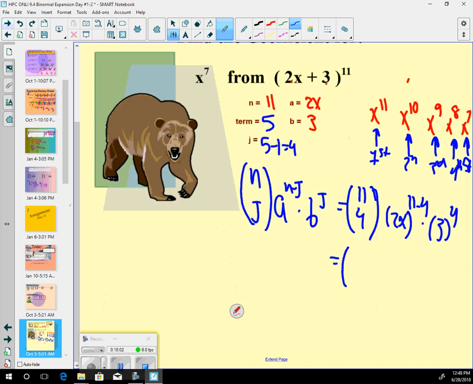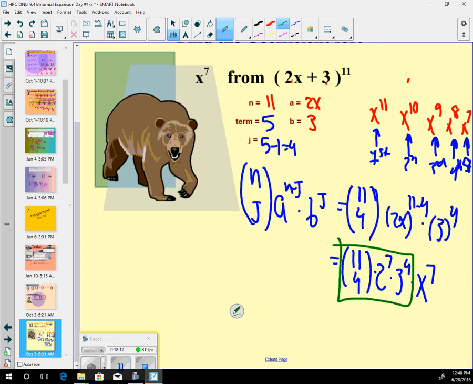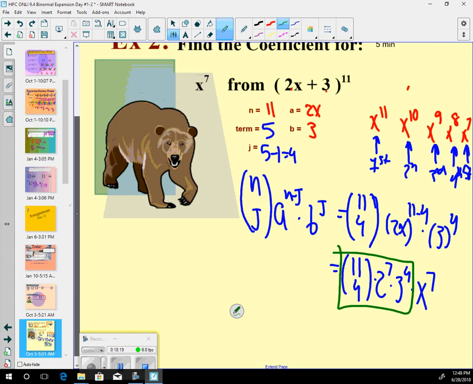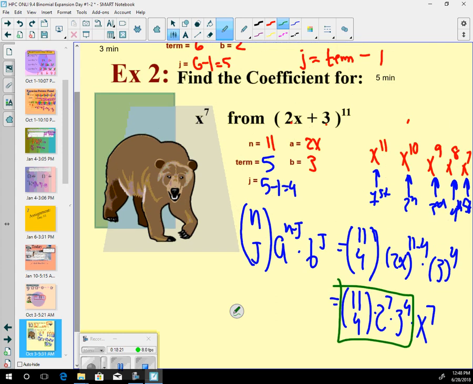So this is going to be 11 choose 4, 2 to the 11 minus 4, which is 7, 3 to the 4, x to the 7. So whatever this product turns out to be, and it's huge, that will be the coefficient for the x to the 7th term using this formula. So real quick, when you're doing this, you take the power, figure out what j is, and then use the formula.